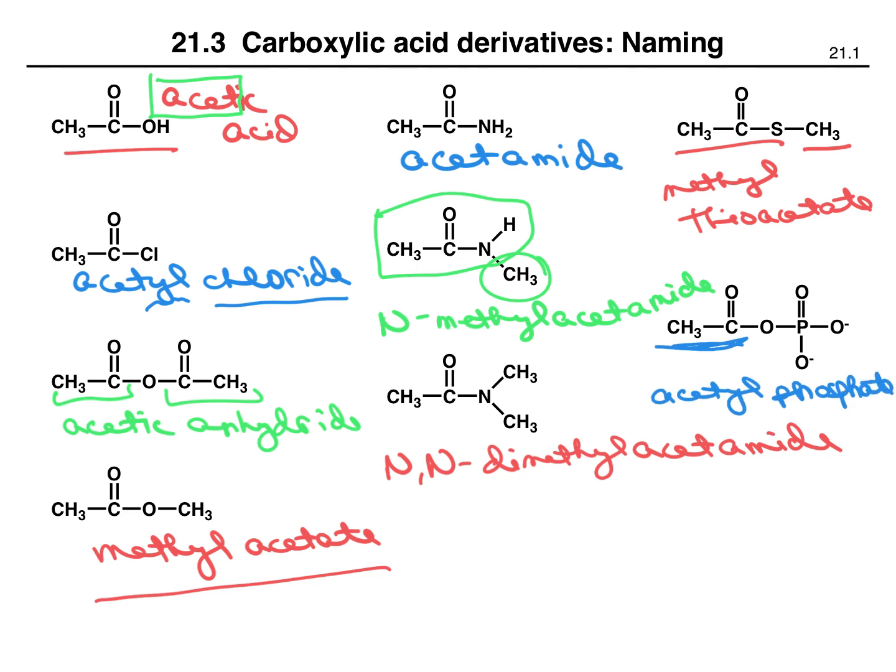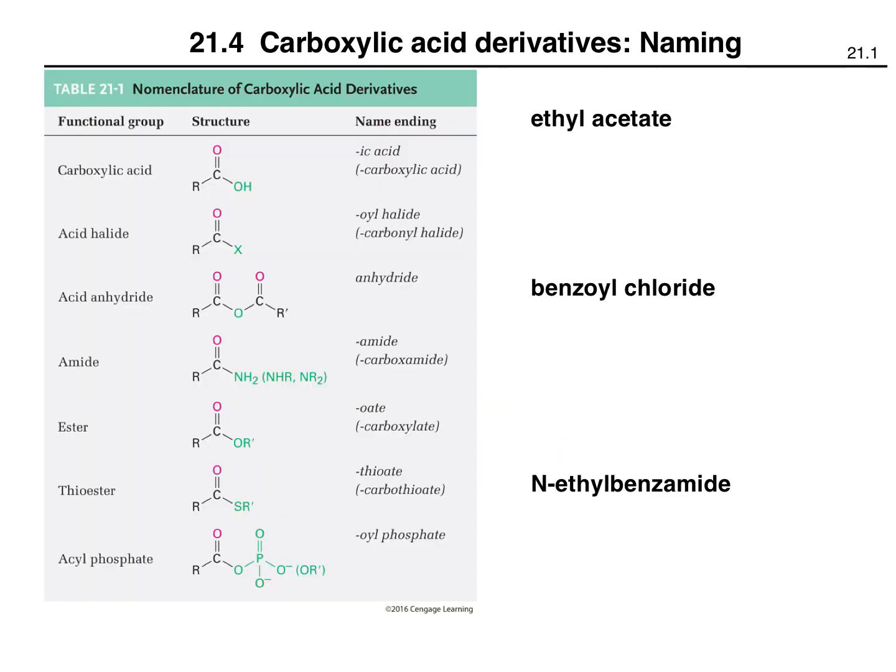Like always, I'm not going to ask you really detailed naming, but I do want you to have the basics of naming so that if I talk about propanoyl chloride, I want you to be able to draw that structure. In a couple weeks, we'll be using methyl benzoate. I want you to be able to draw that structure. And just a little bit more about naming. So this table is in your book, and we have, for comparison, the structure as well as the name ending. So carboxylic acid ends in ic acid.